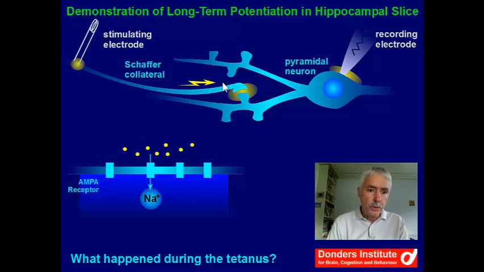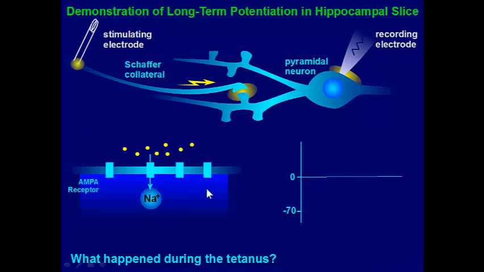And glutamate is the neurotransmitter released by the presynaptic component of this synapse. When glutamate is released, it binds to the receptor, activating it, the AMPA receptor. And the AMPA receptor is in fact an ion channel. When it's activated, it opens and sodium flows into the postsynaptic side. Thus we have a depolarization.